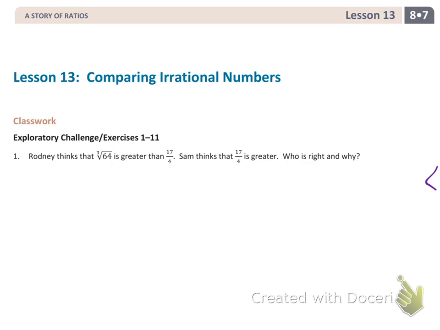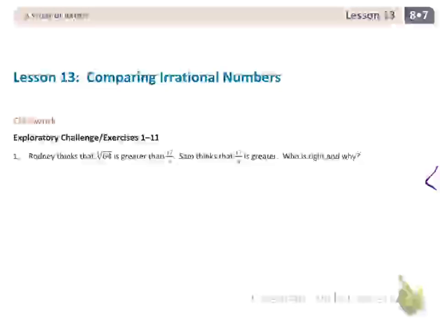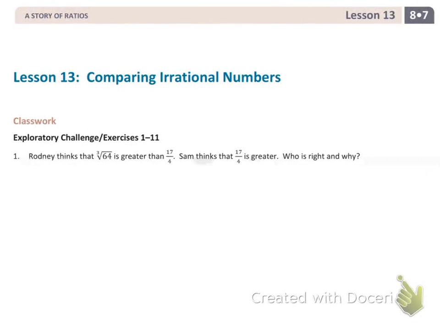Okay, so in this lesson, there are 11 exercises, and this is an exploratory challenge. So you have the skills to do these problems. You can use a calculator to check your answer, and you can use it to do some of the rational approximation of the non-perfect squares, but using the square root or the cube root button just to crank this out is off limits.